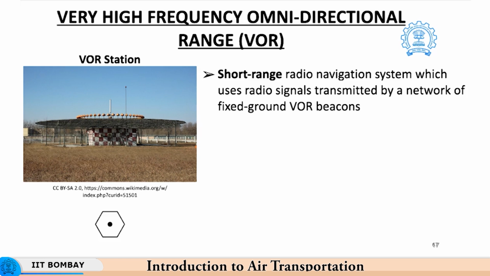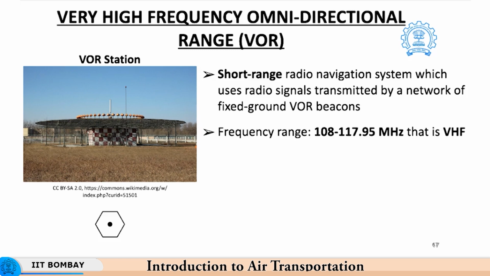As you see in this figure, such radio stations are installed across predetermined routes, and the pilot can tune into these VOR stations and hence carry out the radio navigation.